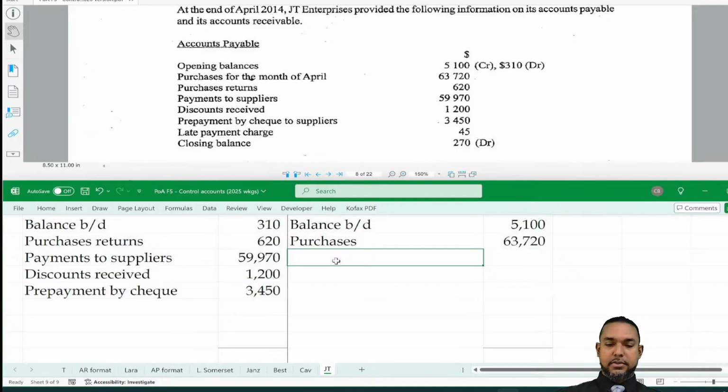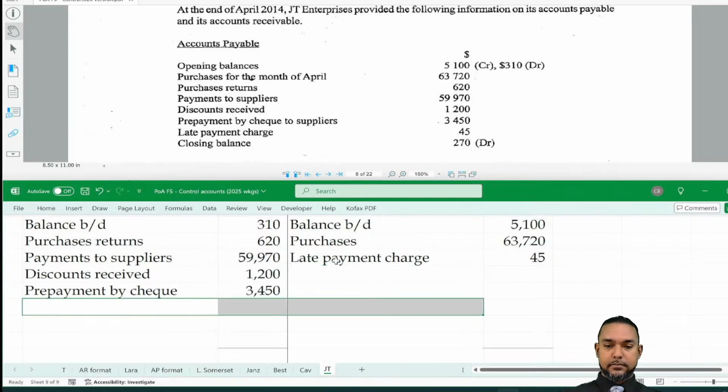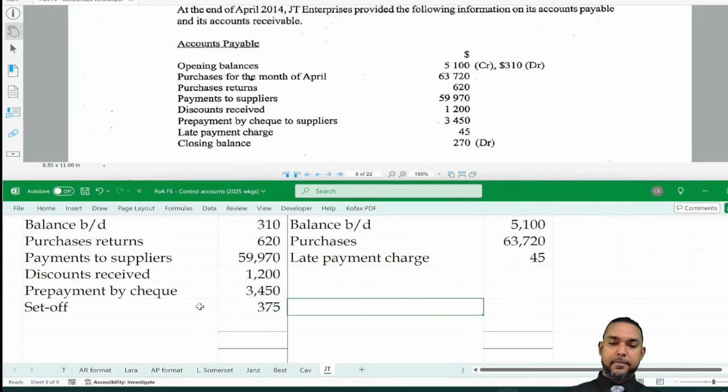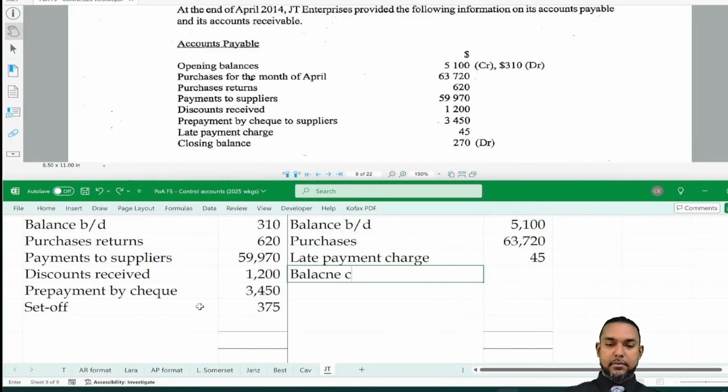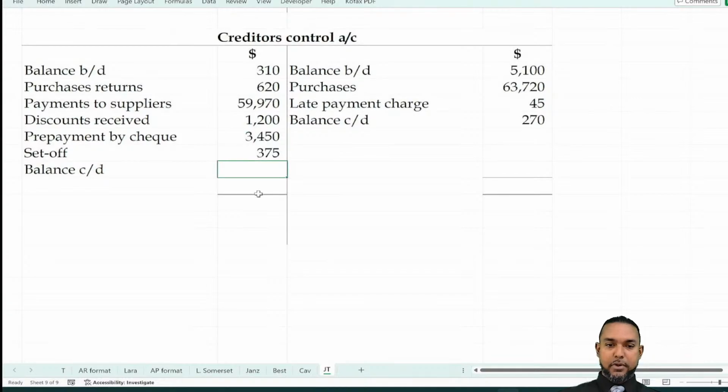Late payment charge, right? So if they charge you a penalty for being late, it means you have to pay them more money now. So that'll increase the liability. And don't forget the set off, 375. The closing debit balance of 270. And now we're just missing the closing credit balance. Okay, let's maximize this so you can see everything a bit more clearly.